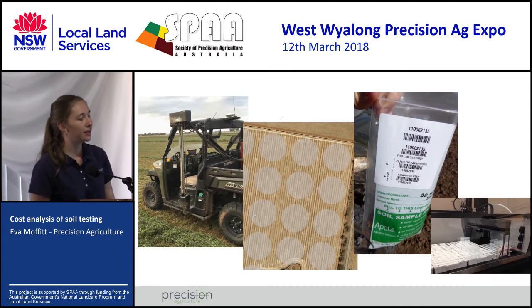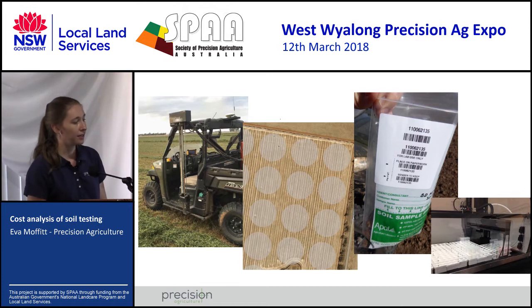The way that we go about our data collection is using side-by-side bikes with a soil auger on the side. We design our sampling plans in the office, so we avoid headlands and other areas that we might not want to sample. It's a 0 to 10 centimetre sample. That could be varied if the client requested it, and we have done deeper or shallower, but our standard product is a 0 to 10.